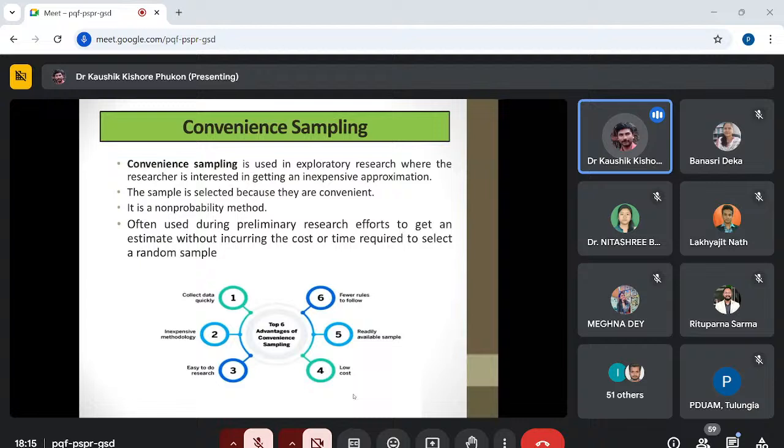So 6 advantages I have listed for convenience sampling: collect data quickly, inexpensive methodology, easy to research, low cost, readily available sample, and fewer rules to follow.